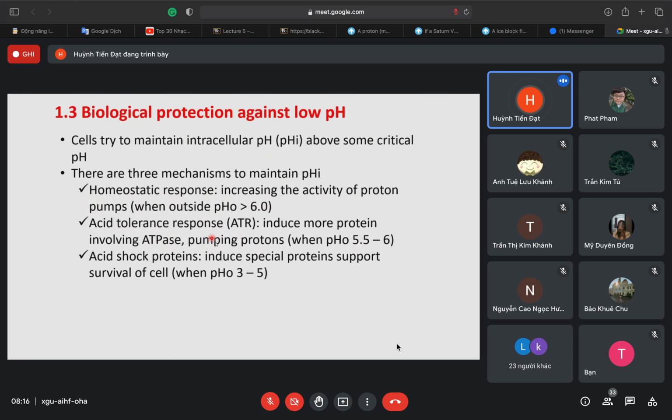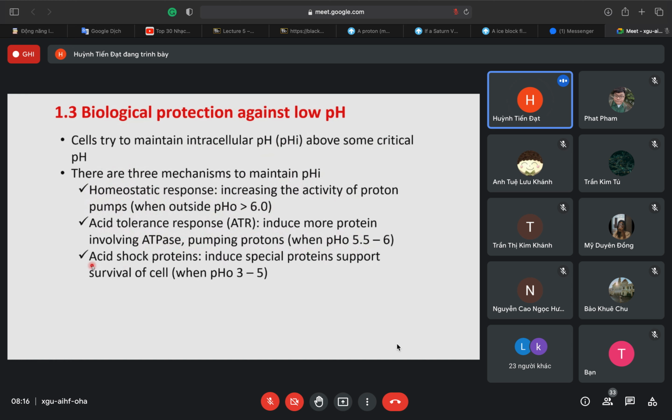So they make more to do the correction. Here, 5.5 compared to 7 should be more than 10 times, right? 10 times in acidity.